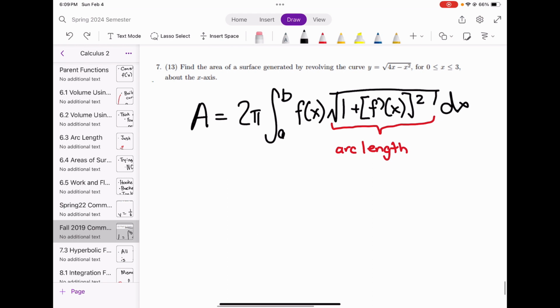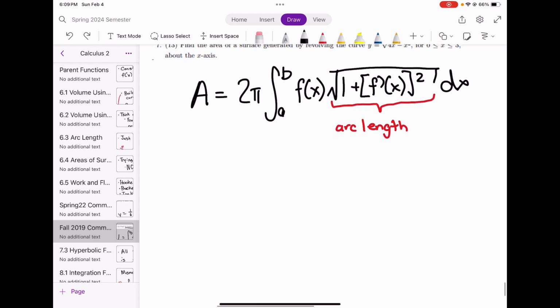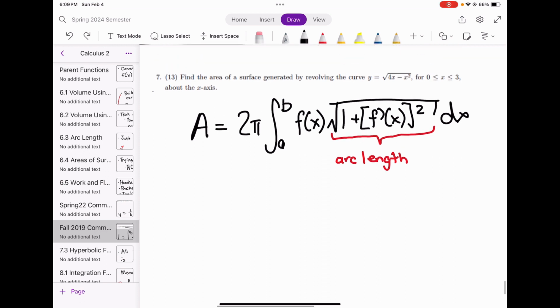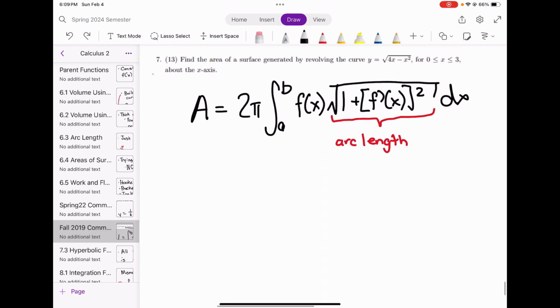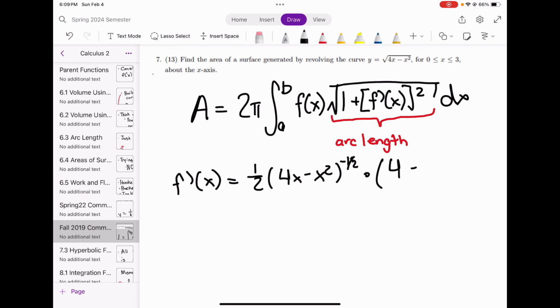And so we're going to do the same steps as we did before. I'm going to do the work over here outside and then plug it right back in. So f prime of x, or y prime, whatever you want to use, is equal to 1/2 times 4x minus x squared to the negative 1/2 times, and then we plug in 4 minus 2x.